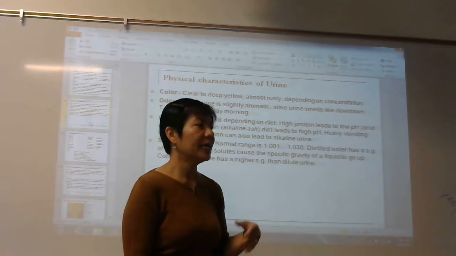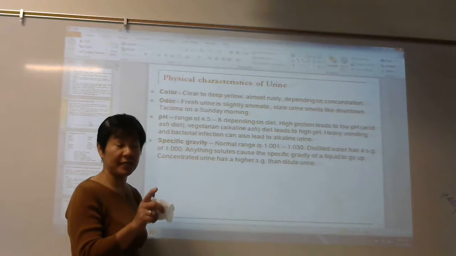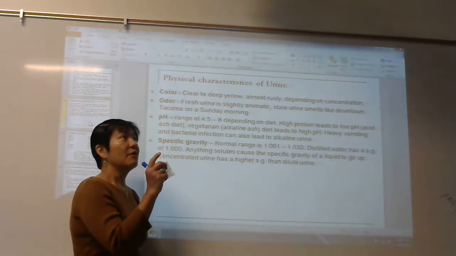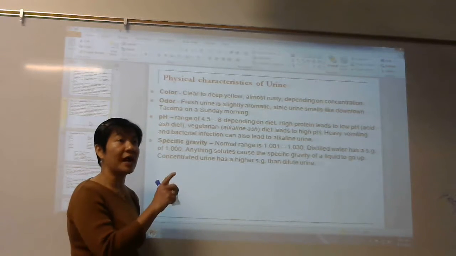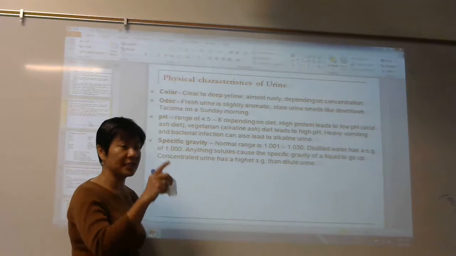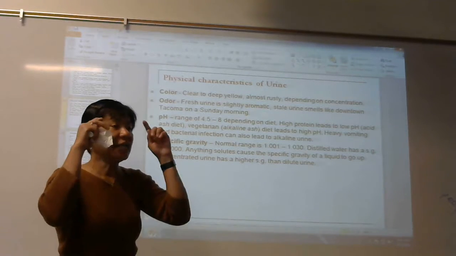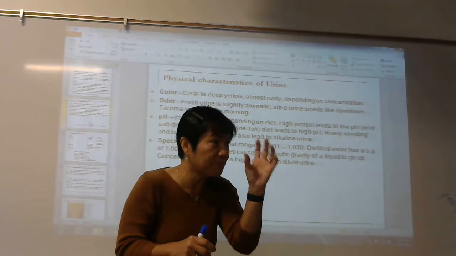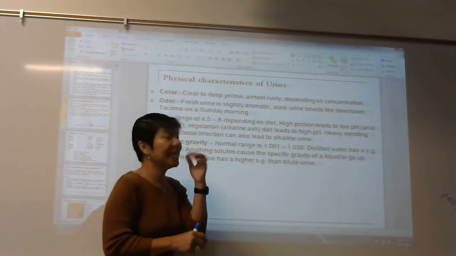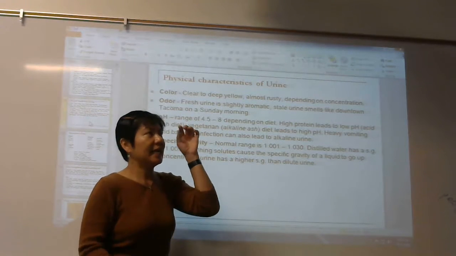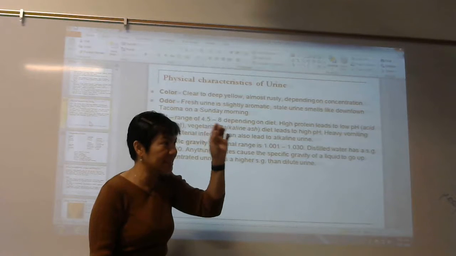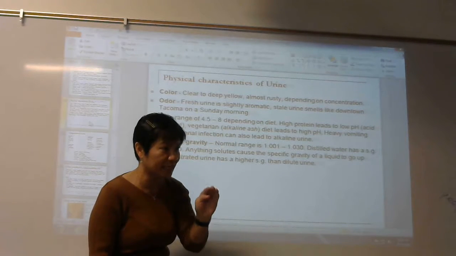There will be in your test, maybe it will be the same for you, a section where I will ask you to tell me if the following are normal or abnormal. And you want to answer that part thinking about the kidney. Is this value telling me that the kidney is working or not?